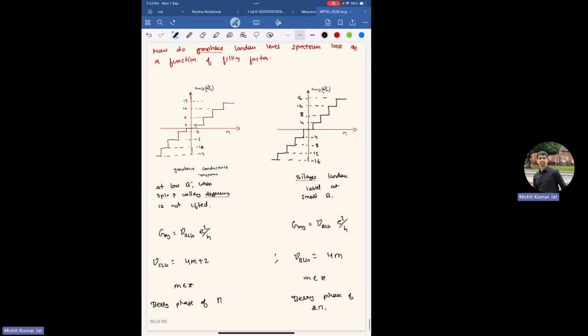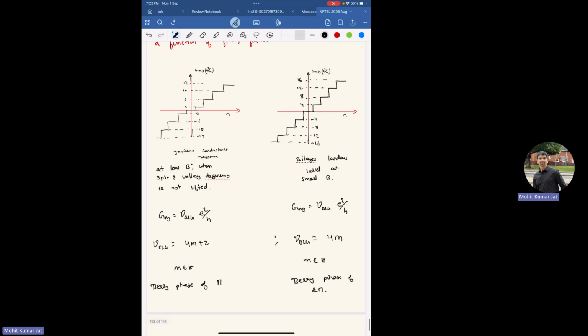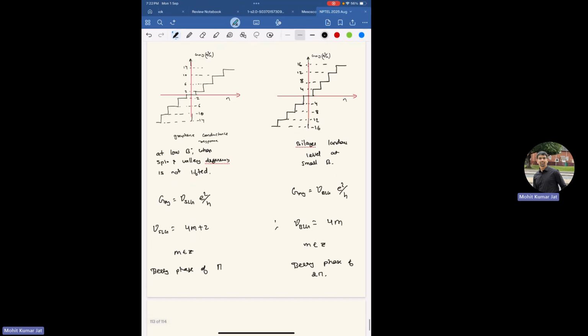This is an essential tool used worldwide to distinguish between single layer and bilayer devices. For trilayer it's slightly more complicated, but these two are very well separated, because 2 and 4 e²/h are very different from each other. Remember, h/e² is 25 kilo ohm, 25.8 kilo ohm.